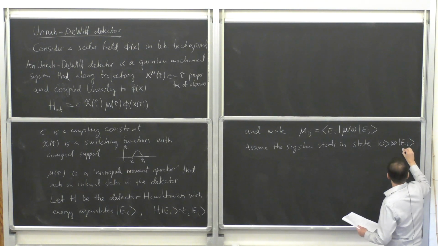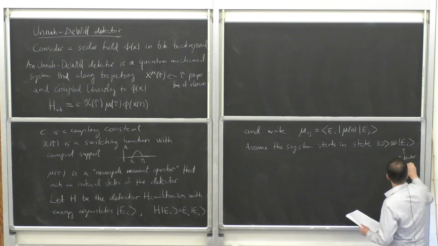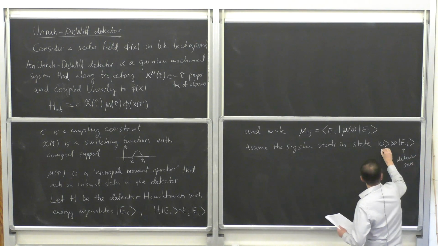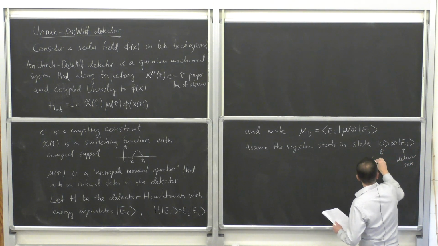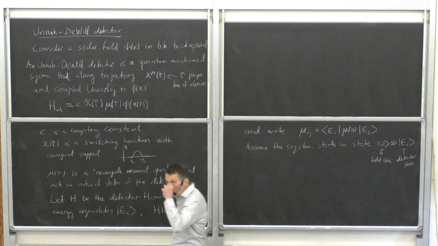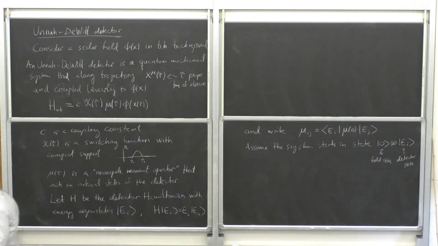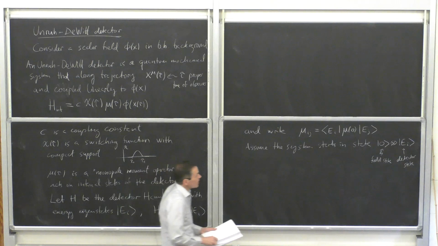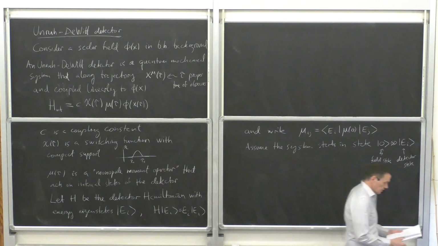Okay, so this is what describes the detector state, and this here is the field state. And we're going to assume we start with the field in the vacuum. It doesn't really have to be the vacuum, but let's say.